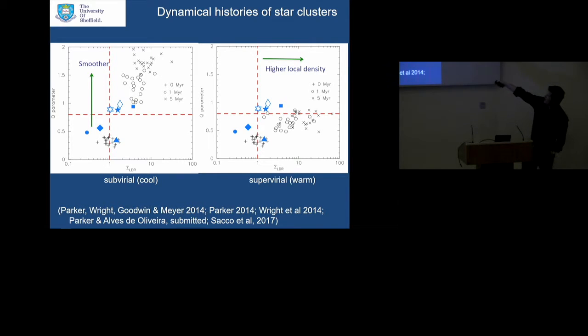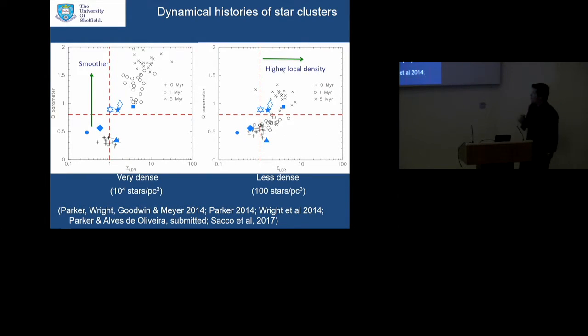So we don't think that most star-forming regions pop and expand very, very quickly. What is consistent with the observations are simulations that are much less dense than our fiducial models, so around about 100 stars per cubic parsec. What you see here is that most of the observations in the local solar neighborhood are consistent with densities of probably about 100 stars per cubic parsec to begin with.